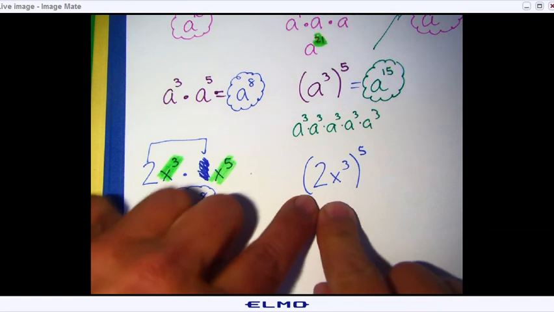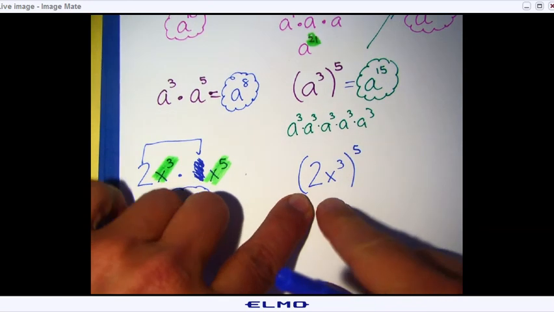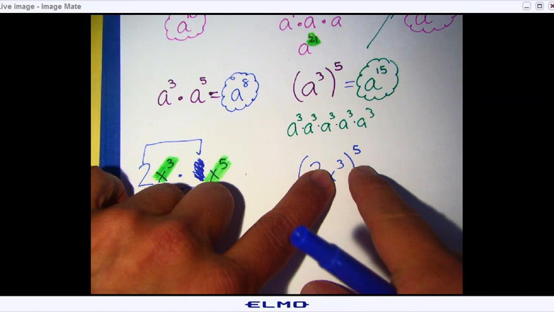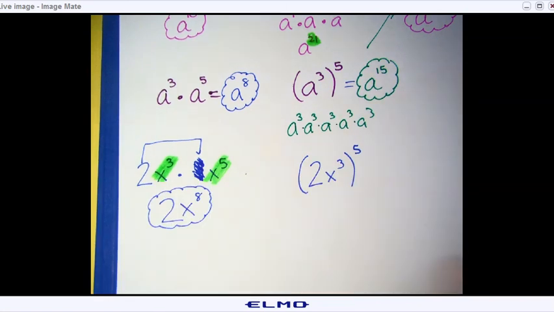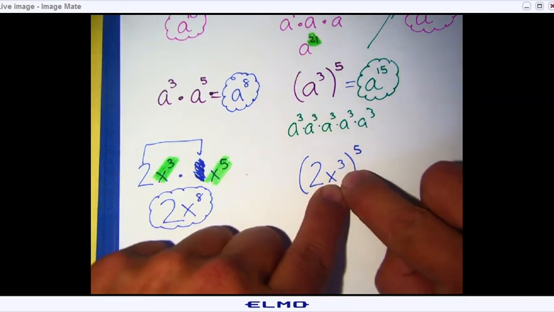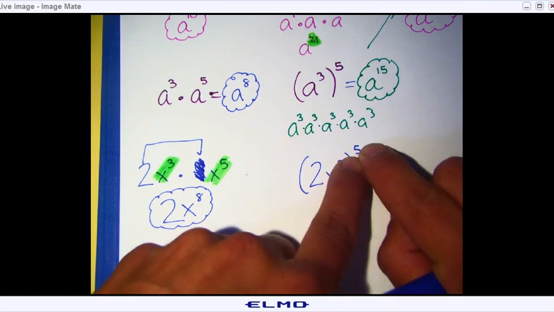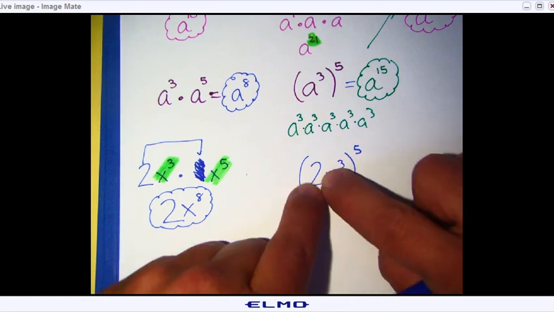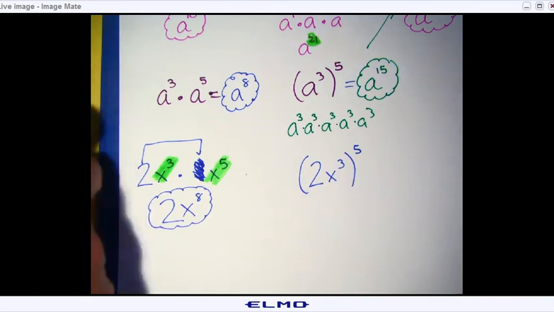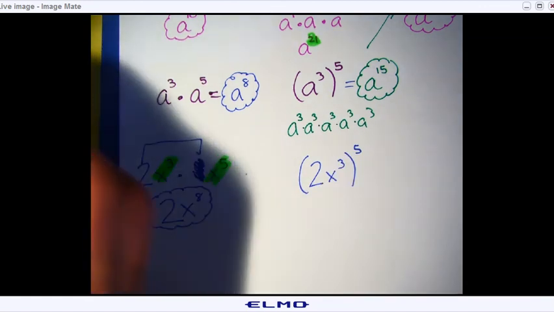Today, we're introducing this part right here. 2x to the third raised to the fifth. Here we have x to the third. You can raise it to the power of 5, yes. What about the 2? Well, what does the exponent have?